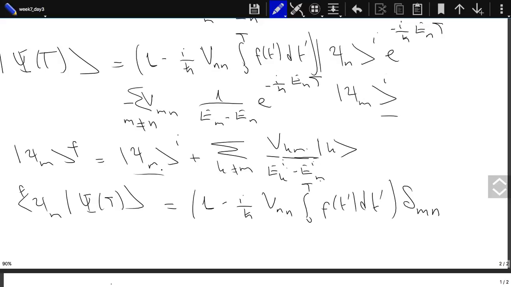Now, you see, it will give me Vmn 1 over Em minus En, e to the power minus i over h bar En of t. This is there if m is different than n.